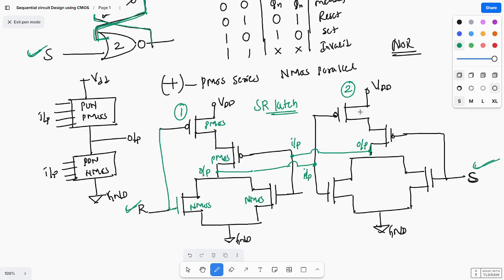Here also, these pull up networks are PMOS, and pull down networks are NMOS. Now you understood how many PMOS and how many NMOS are required? 4 PMOS and 4 NMOS are required.